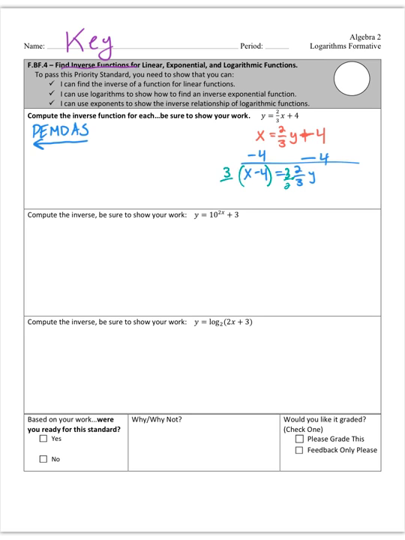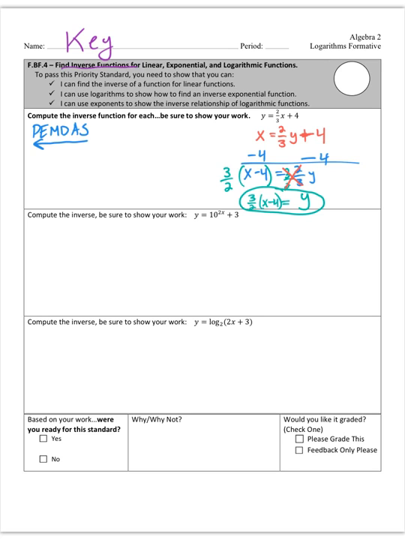I multiply by 3/2. The reason we multiply by 3/2 is because 3 divided by 3 is 1, and 2 divided by 2 is 1. And then we're left with just the y value. So we're left with y equals 3/2 times x minus 4. So this is our inverse for a linear function.